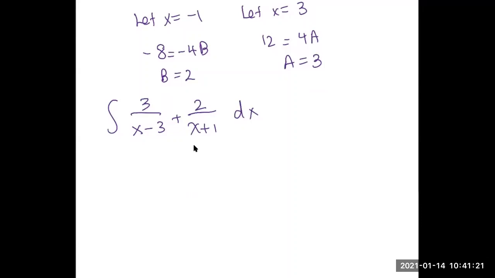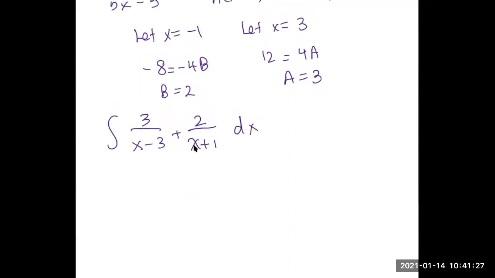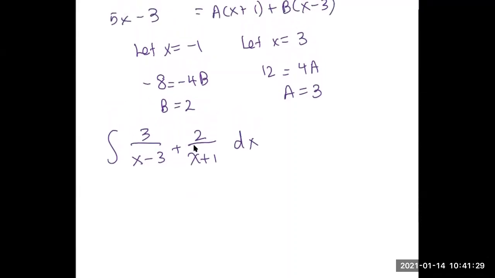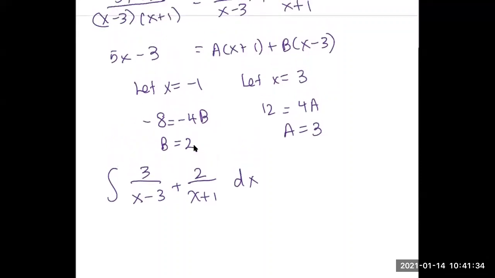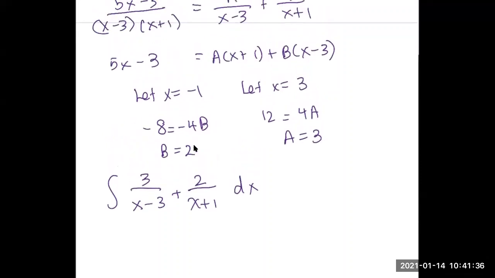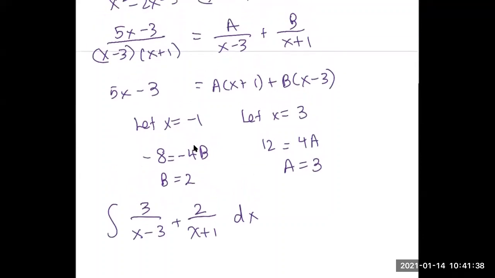If you can just double check that your resulting coefficients go over the same factor. But if you began the problem and had your factors in a different order than mine, so b being over x minus 3 and a being over x plus 1, that's fine too.